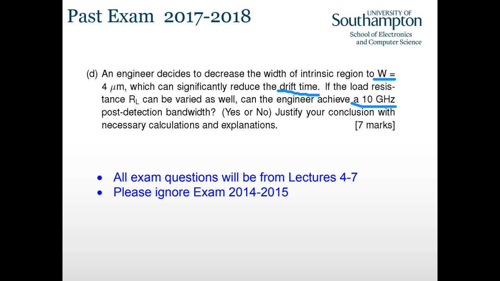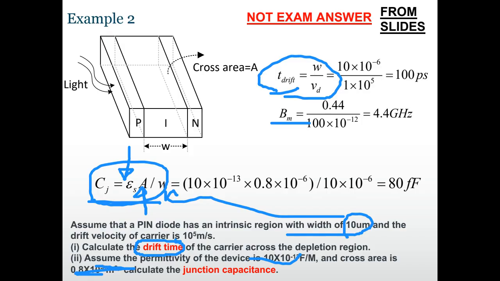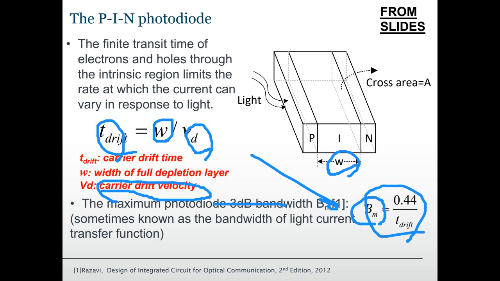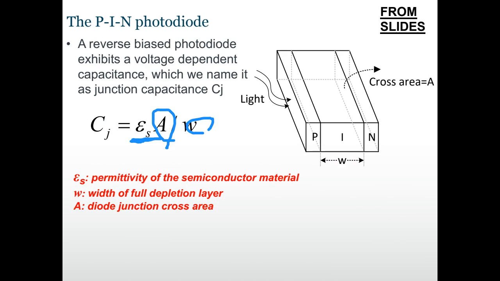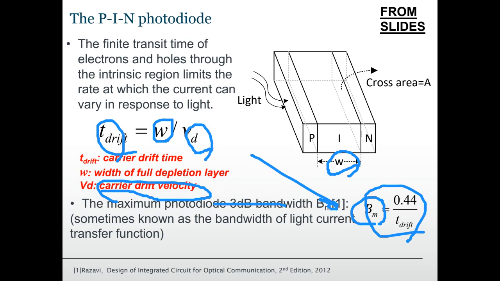If we look at the relationship between the equations again, when we reduce the width, we reduce the drift time. When we reduce the drift time, we can increase the bandwidth.